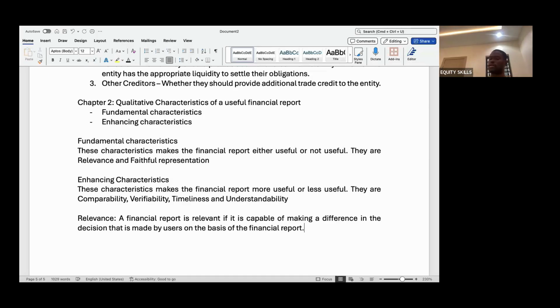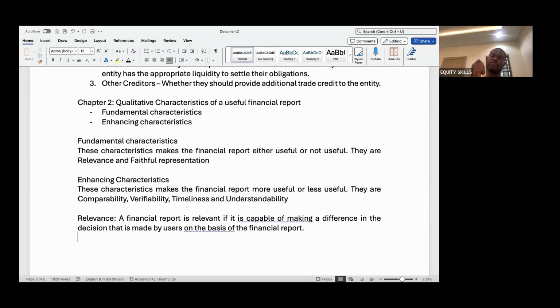So a financial report is relevant if it is capable of making a difference in the decision that is made by users on the basis of that report. And this is very straightforward.